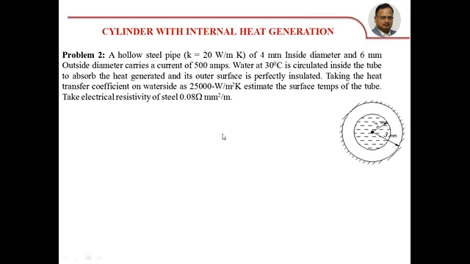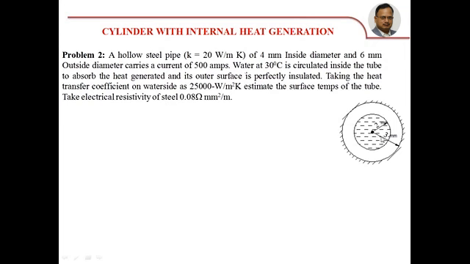Next, consider another problem. Imagine a pipe with thermal conductivity 20 watts per meter Kelvin, 4 mm inside diameter and 6 mm outside diameter, carrying a current of 500 amps.